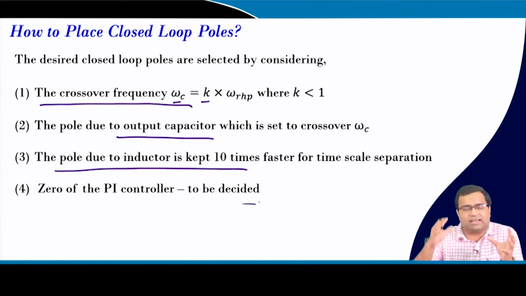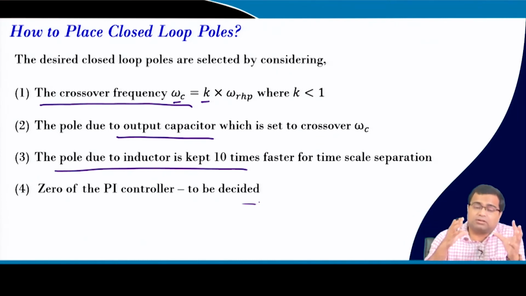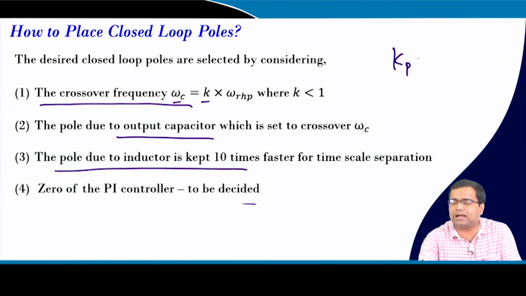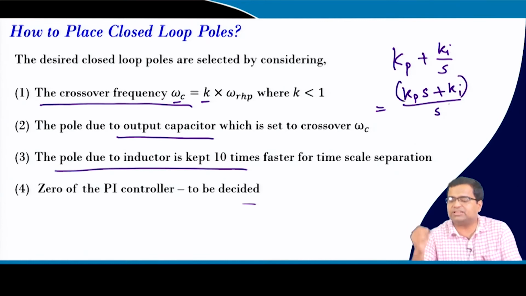That means if I take a PI controller for regular current mode control, we will generally take Kp plus Ki by S, right. So, this will be simply Kp into S plus Ki by S. So, I am talking about this zero.